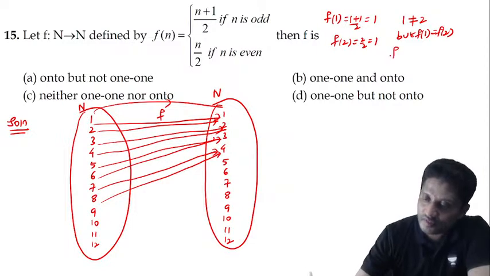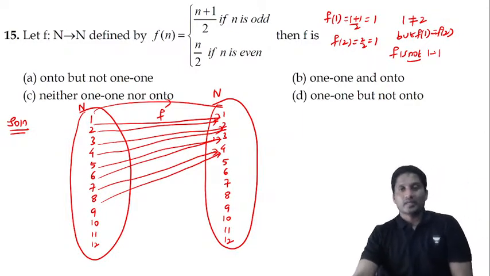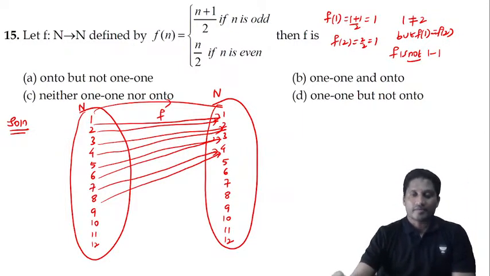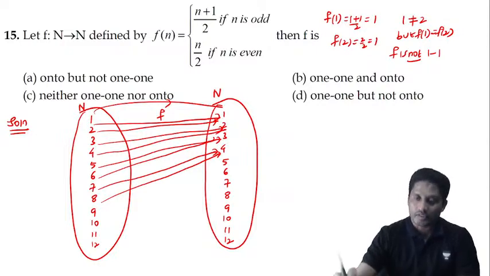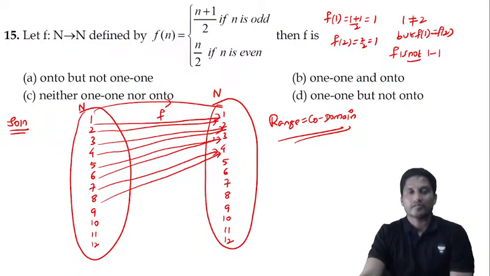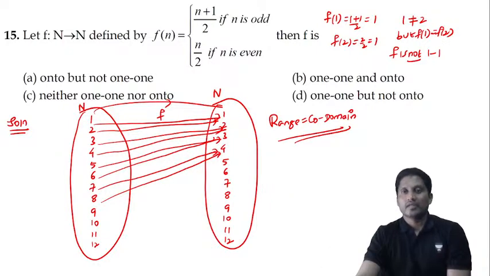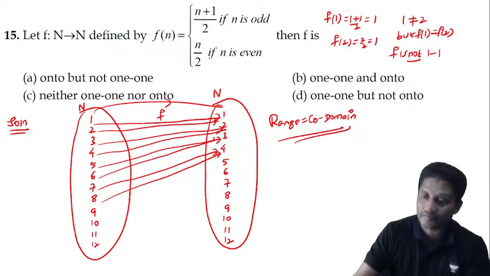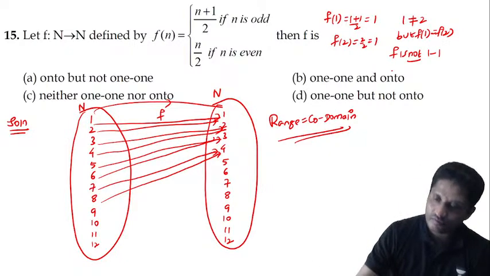It is not 1 to 1. This is not 1 to 1, but the output is always a natural number. If the input is a natural number, the output is always a natural number. That is, range is equal to codomain. Therefore, sorry, f is not 1 to 1, but it is onto.